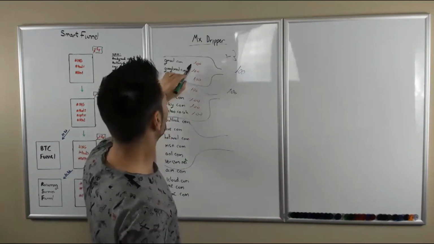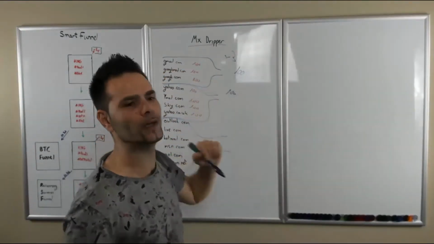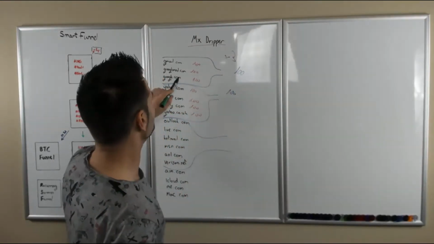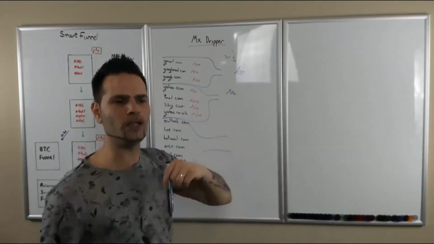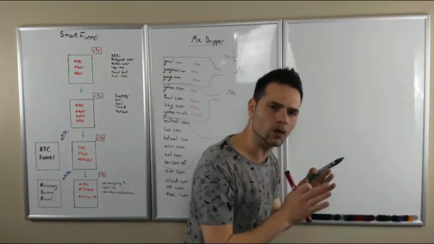Let's do it again with round numbers. Let's say we will do 100 per hour per MX limit. When you inject with the MX Dripper, you inject to a list that already has autoresponders.